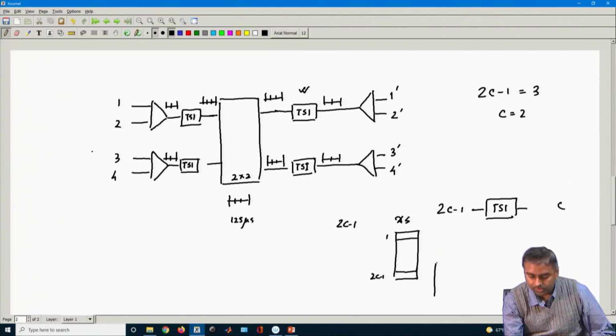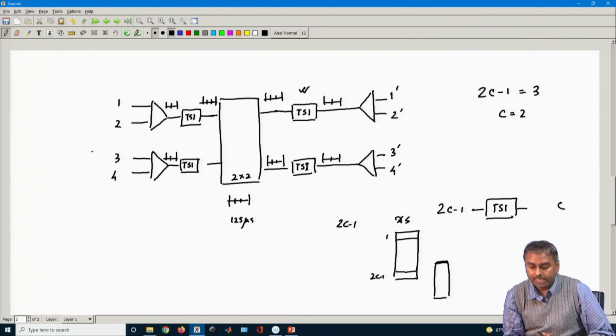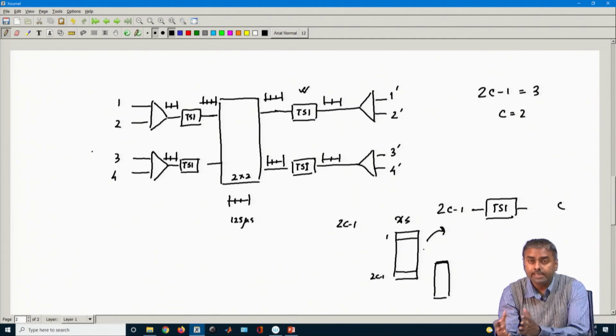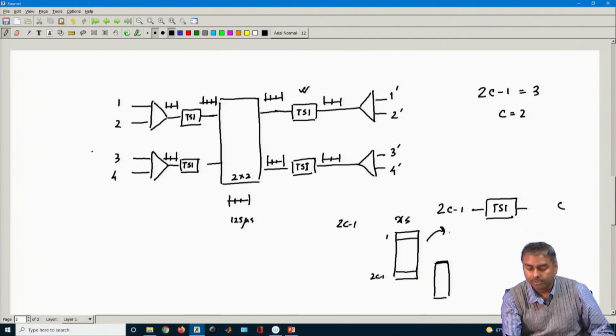Now, there is a control. Okay. So, in the control, how many bytes should be there? While actually reading them I only need C number of locations. So, there will be C number of locations, but how many bits should each location have?